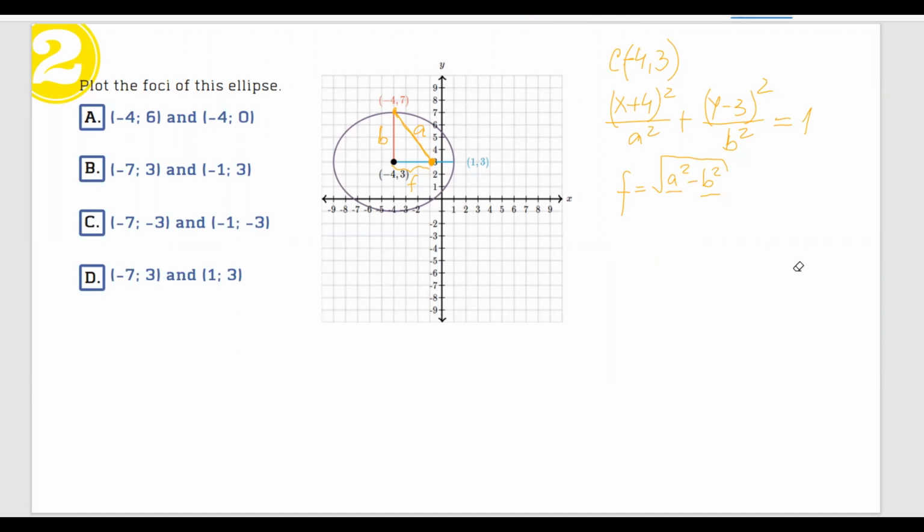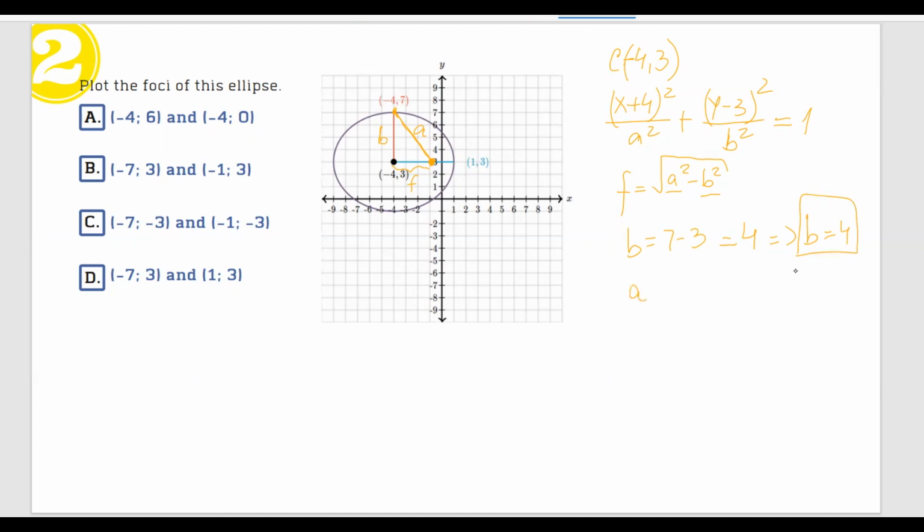If we want to calculate B, looking at the distance B, it is a vertical distance. So the distance between these 2 points is just the difference in the y coordinates. B is going to be equal to 7 minus 3, and this equals 4. So B is equal to 4.